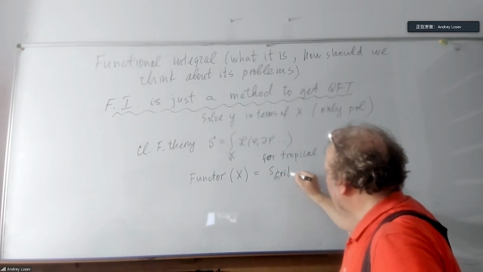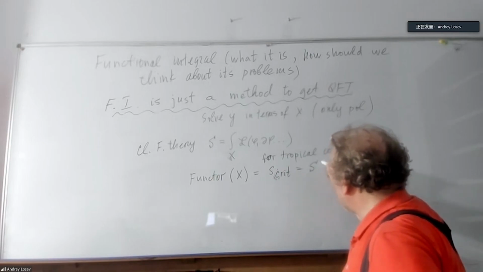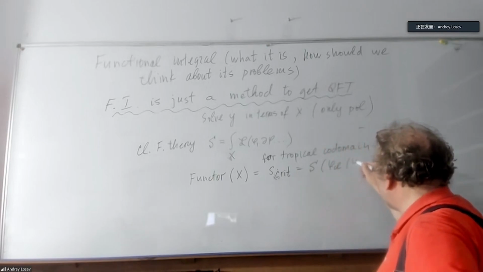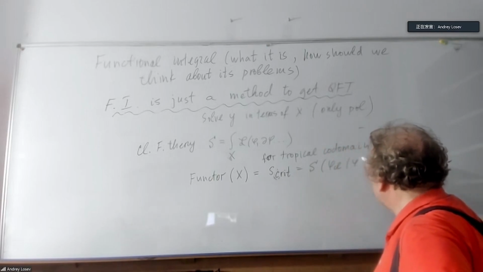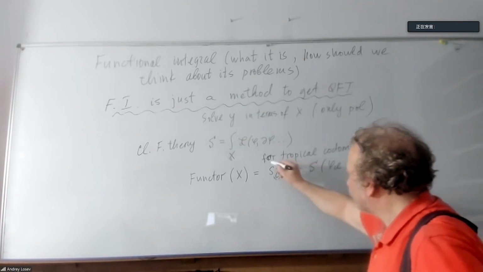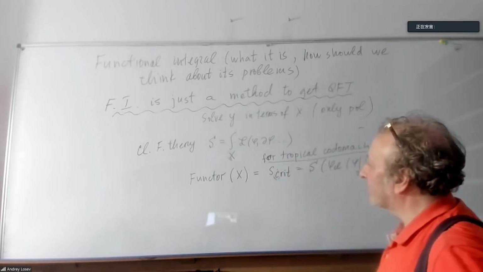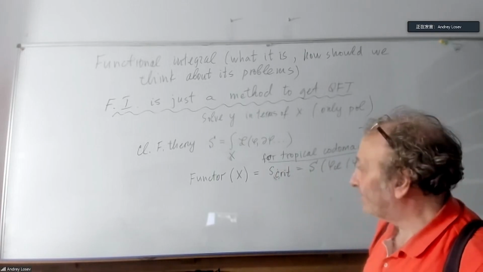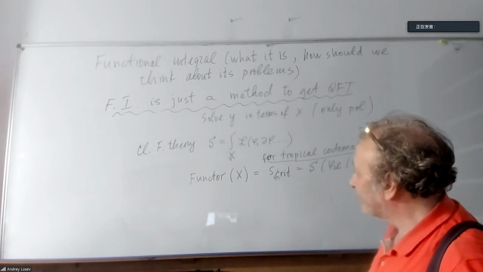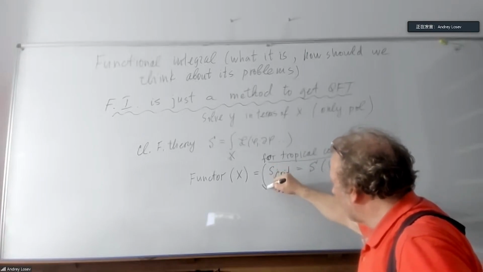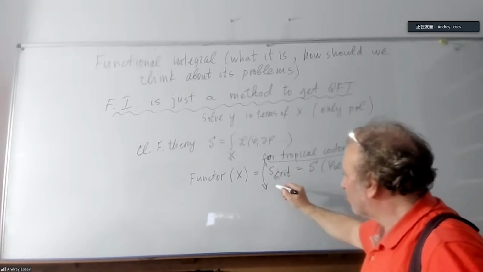That is S on phi classical that depends on phi on the boundary. So what did great Feynman say? How to go from tropical codomain to tensor algebra.